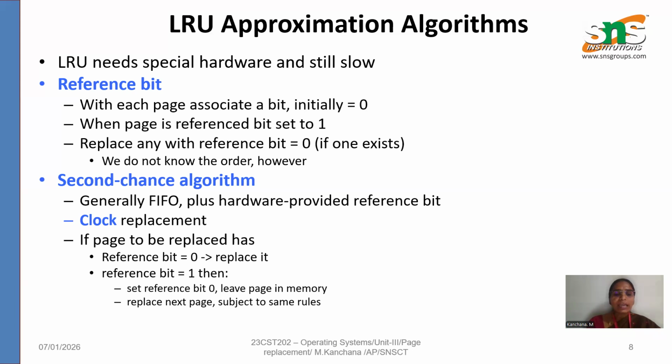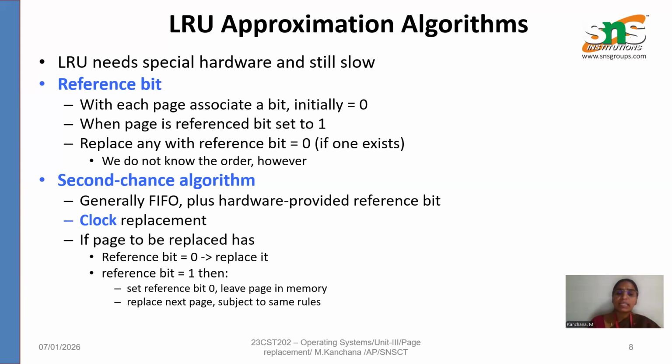So this evolved into the popular second chance algorithm, also known as the clock replacement algorithm. It acts as a standard first in first out queue, but treat it like a circular clock face. A clock hand points to the next page to be replaced. If the page's reference bit is 0, it gets replaced immediately.